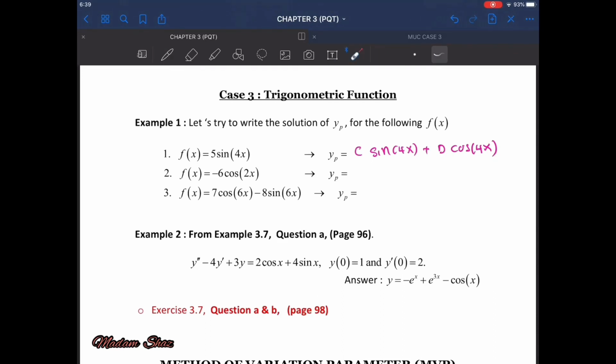Even though here you only have sine, your yp must have sine and cos, and your argument must be the same.